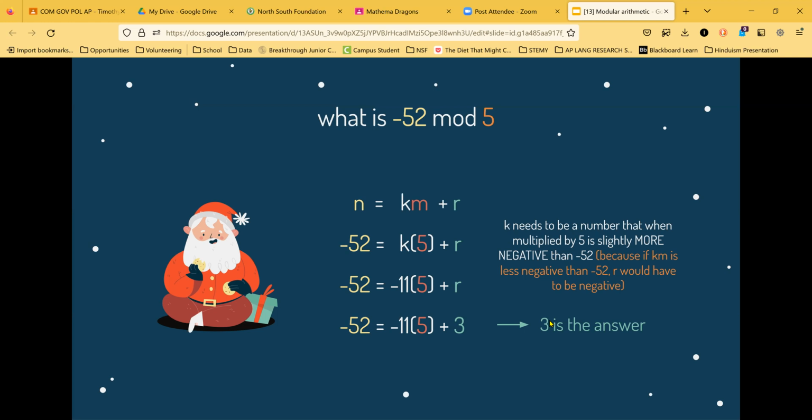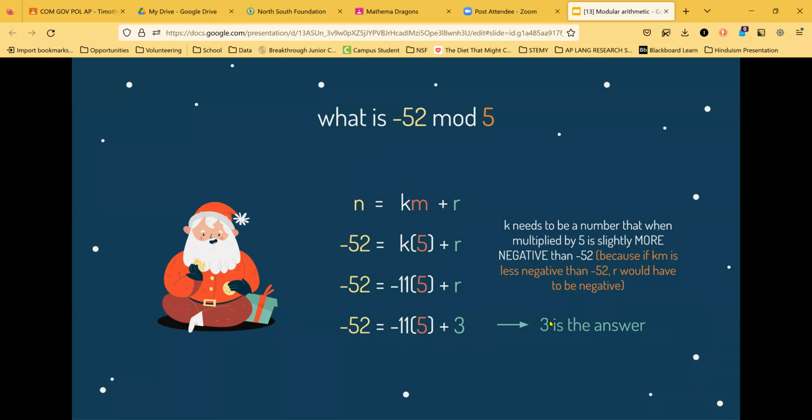So the remainder will always be positive and between 0 and the modulus. It cannot be the modulus, but it can be 0. So we know that to be true.